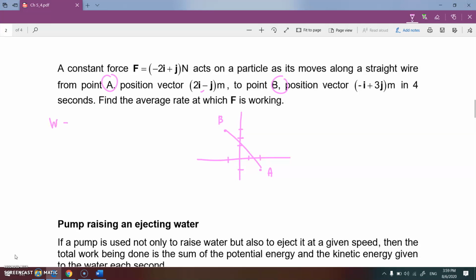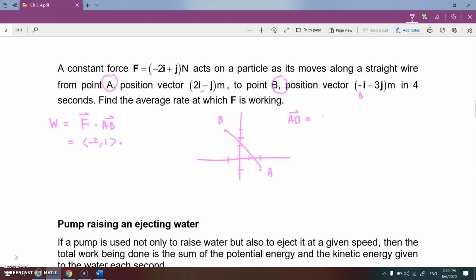This will act as the distance. So the work done is force times the distance. We already have the force, which is negative 2, 1. Now we need to find AB. AB means your position vector B minus A. So this is B, right?